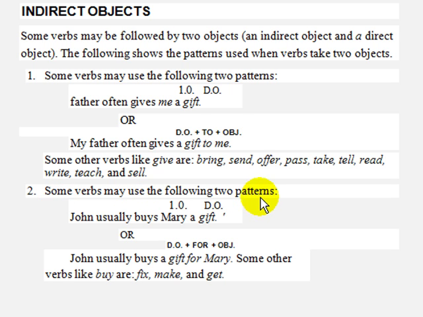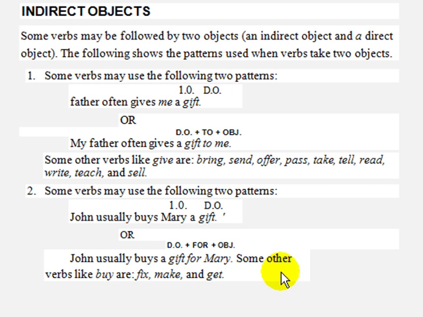Some verbs may use this pattern, and you can see this pattern is very similar to the first one here. "John usually buys Mary a gift." Or you can have it in the form of "John usually buys a gift for Mary." Now, it's not to Mary, my dear friends, it's for Mary.